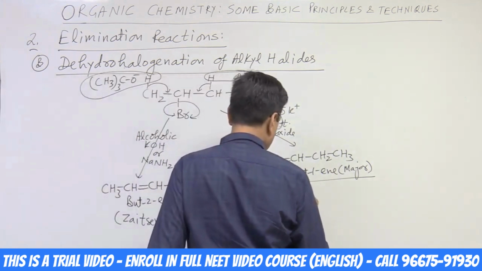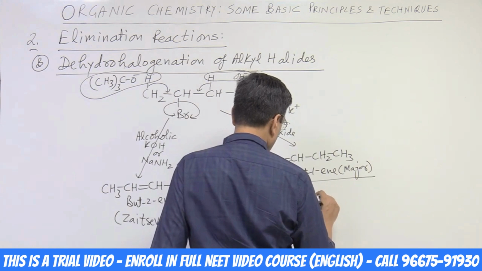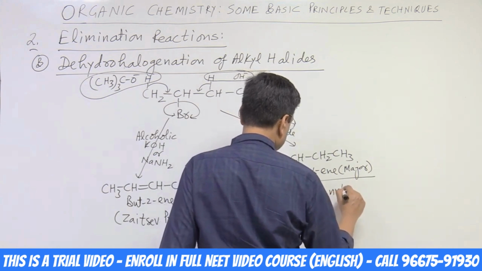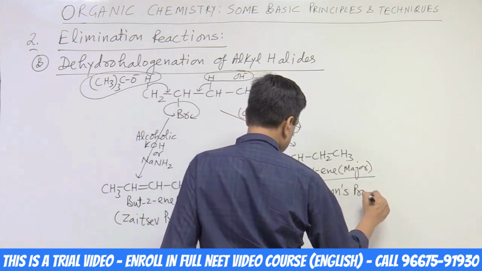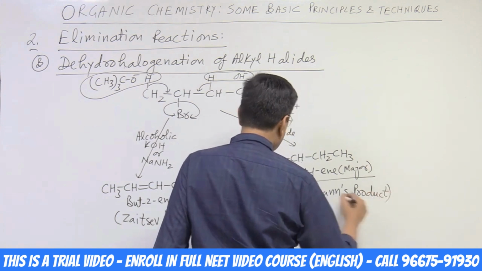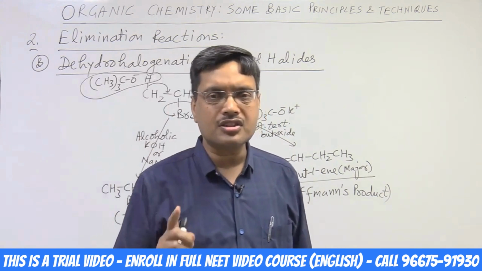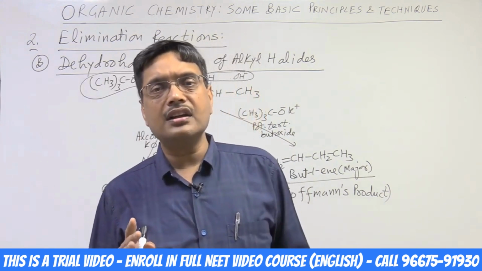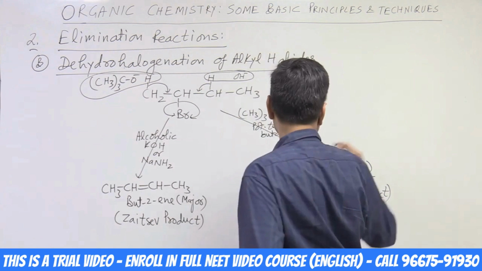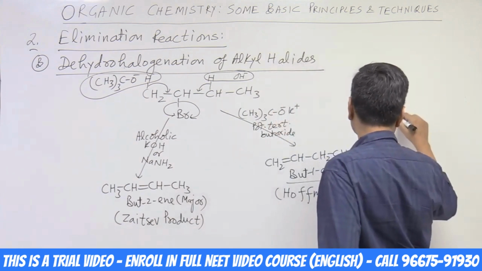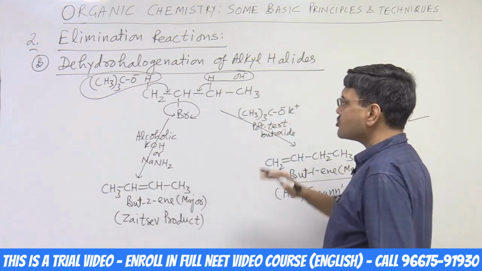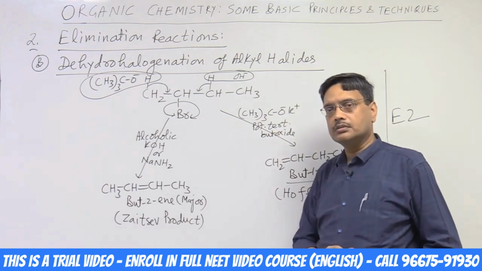So this is the Hofmann product. In both cases, no intermediate is formed and all reaction occurs in one step. All reaction occurs in one step, so this is known as the E2 mechanism, because no intermediate is formed.